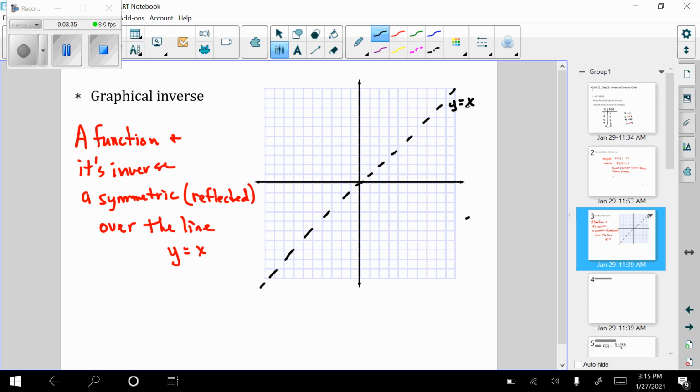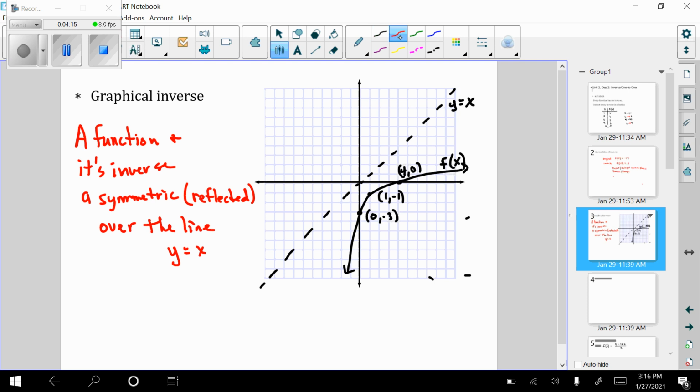If I sketch an original function for you, maybe if I put 0, negative 3, 1, negative 1, and we'll go 1, 2, 3, 4, 0. Okay, so there is the graph of a function. Here's 0, negative 3, 1, negative 1, and 4, 0. If I'm going to graph the inverse, I'll call this f of x.